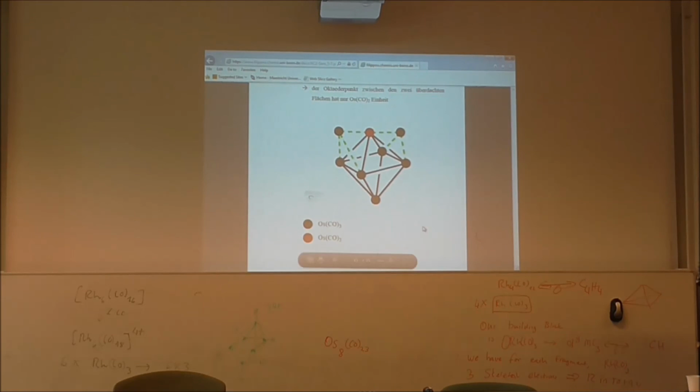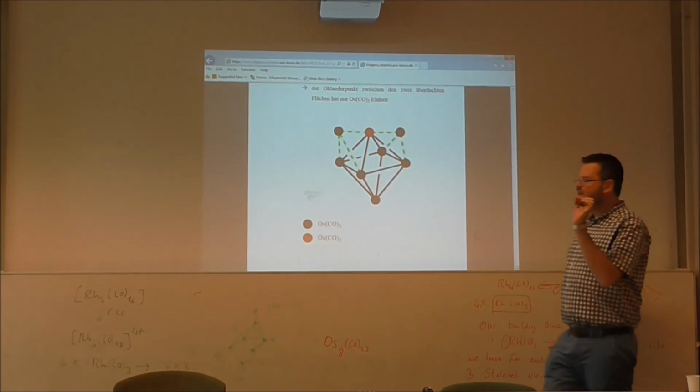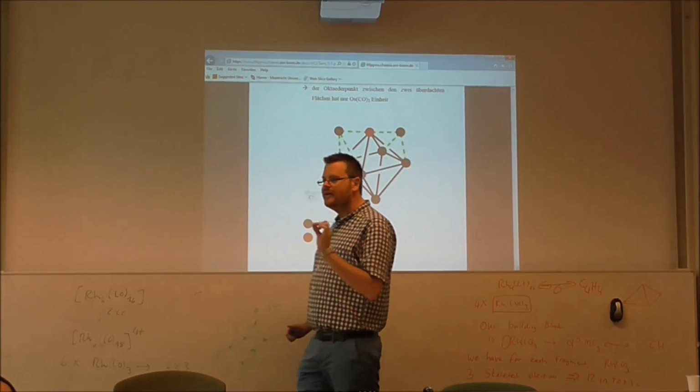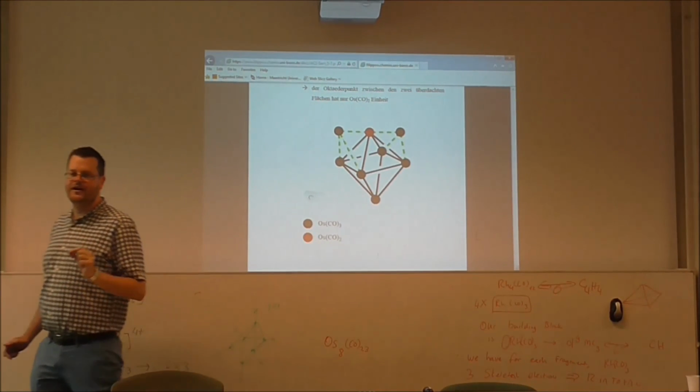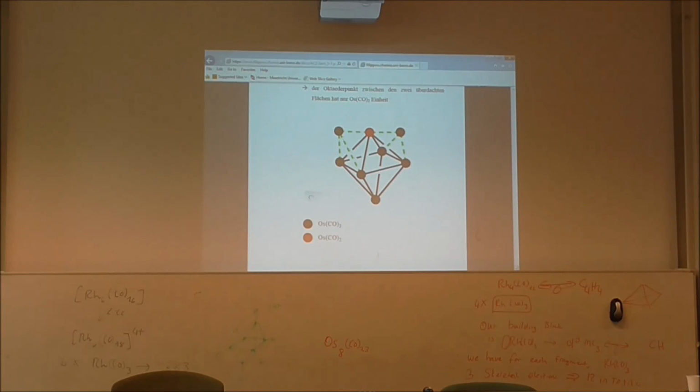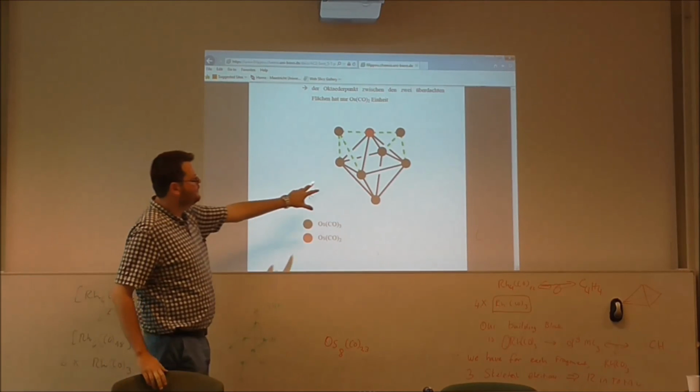That's the structure. The way that it's done is you've got to break it down into OsCO2 fragments and OsCO3 fragments. That's one way of doing it. And then you can do the Wade-Mingos analysis. But anyway, give it a go at home and see if you end up with this structure.